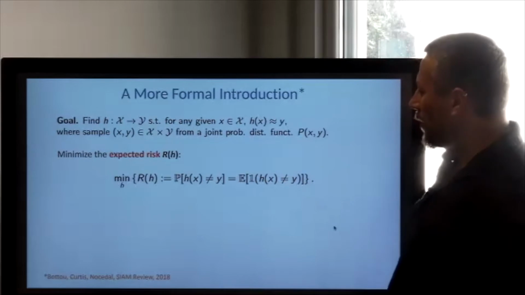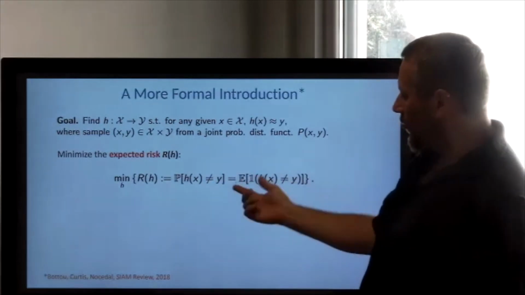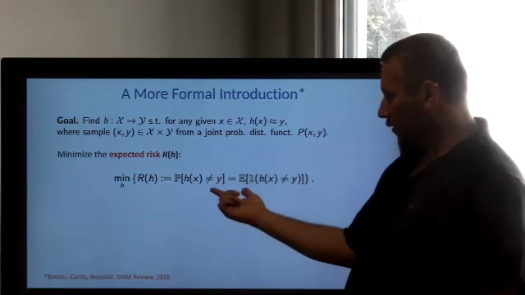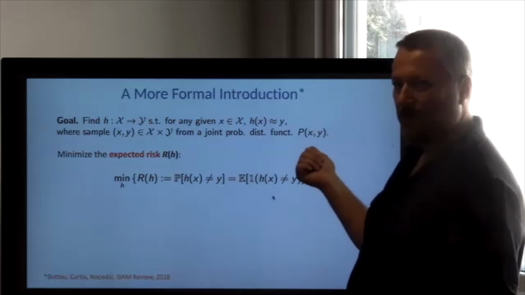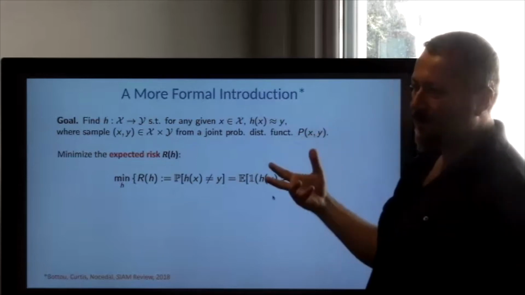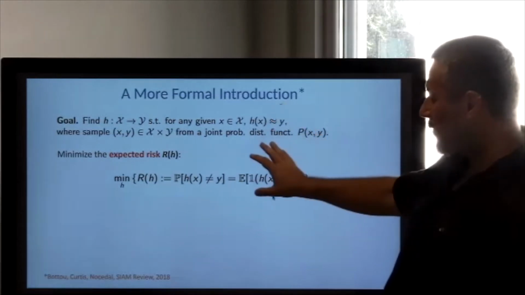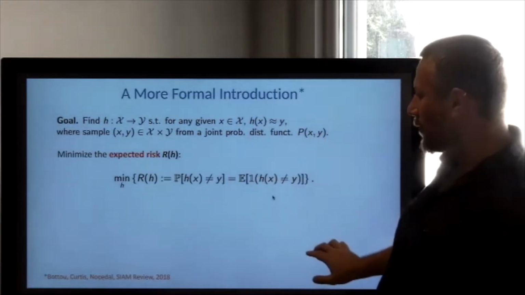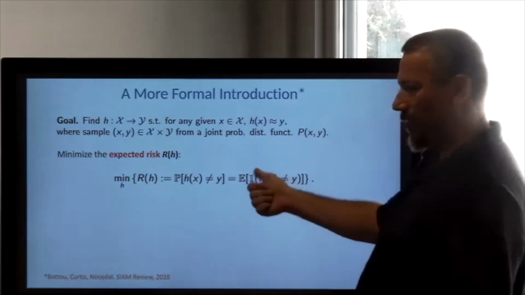So you want to minimize these functions. But the calculation of these functions depends on the probability distribution, and we don't know that. So instead of solving this problem, we will solve another problem which gives an acceptable solution to this problem.